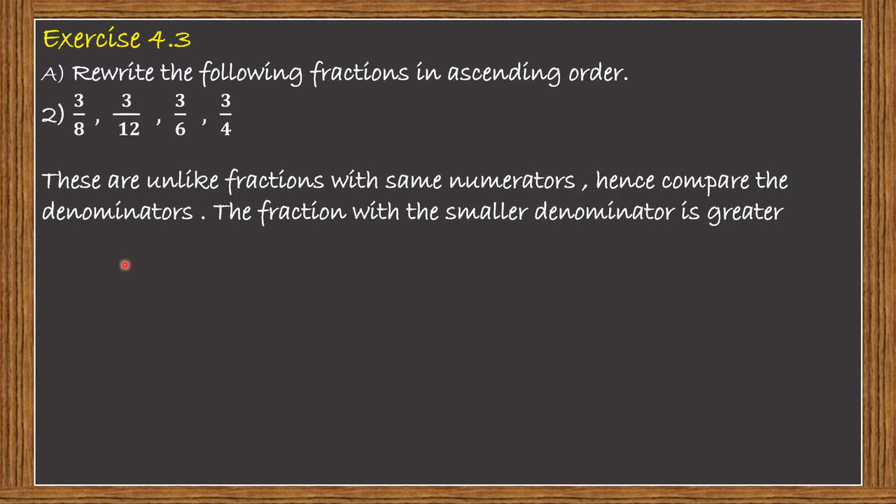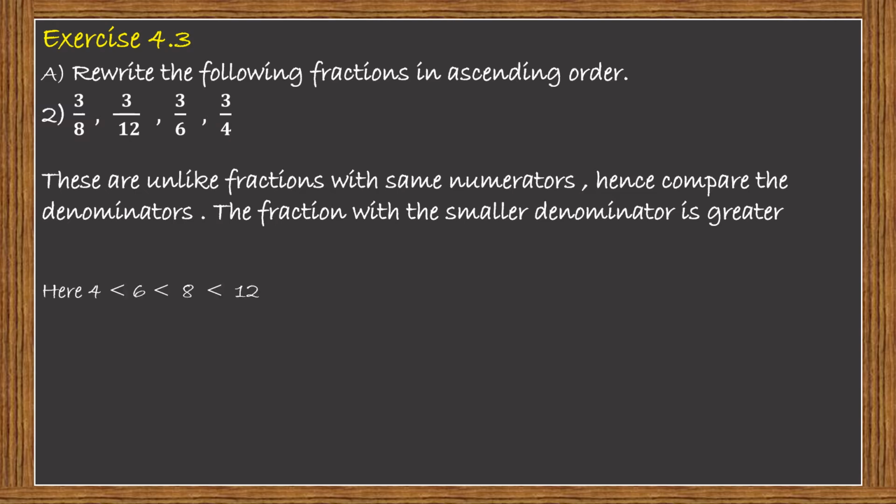Hence, compare the denominators. The fraction with the smaller denominator is greater. So we have to see the denominators, and amongst 8, 12, 6 and 4, 4 is the smallest.